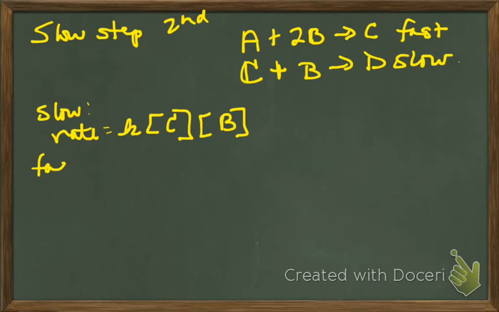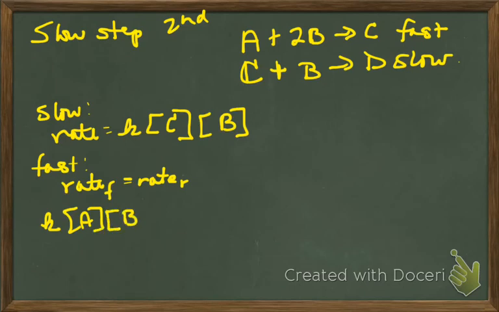Okay, then for the fast step, we have the rate forward is equal to the rate in reverse. That rate forward is K times A times B to the second power.